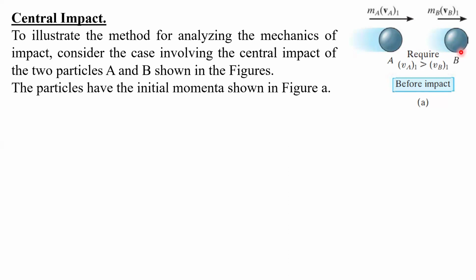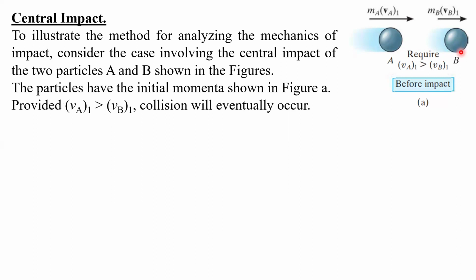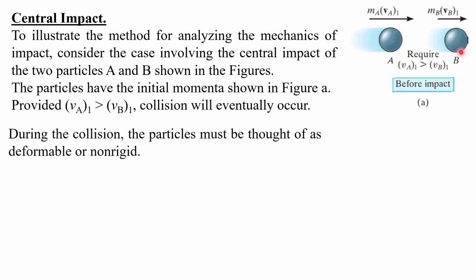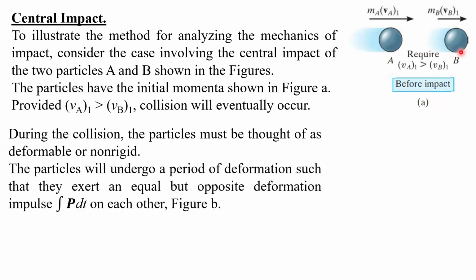So provided vA1 is greater than vB1, collision will eventually occur. During the collision, the particles must be thought of as deformable or non-rigid bodies. The particles will undergo a period of deformation such that they exert an equal but opposite deformation impulse, integral P dt, on each other.